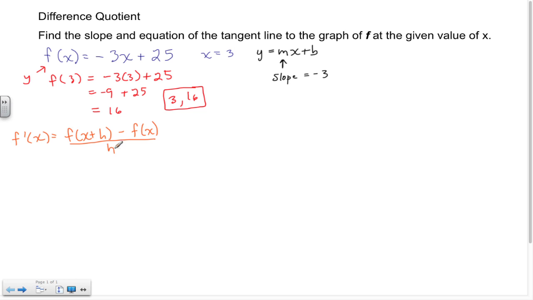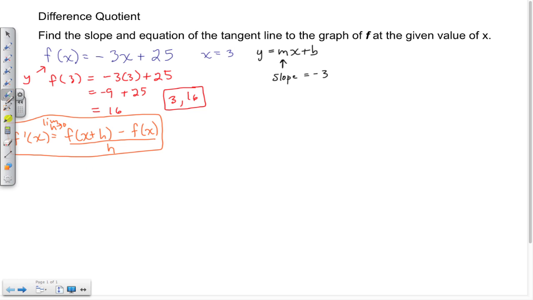And of course, I'm going fast, so I left off that it's really the limit of that as h approaches 0. So all of this here is the difference quotient. If you look back at some of my other videos on YouTube, you'll see I have a video where I actually derive this difference quotient. Alright, now let's put this difference quotient to use.